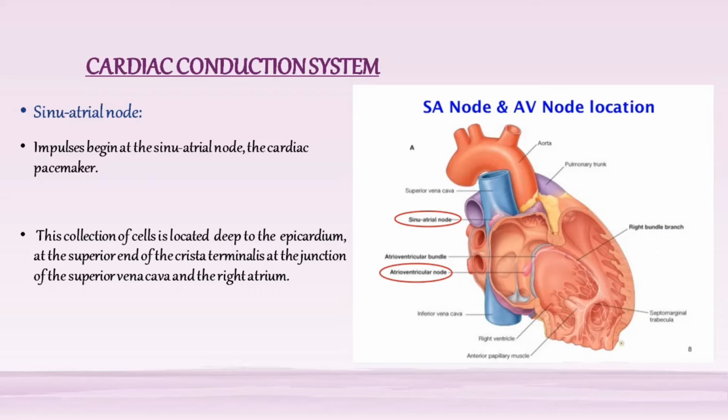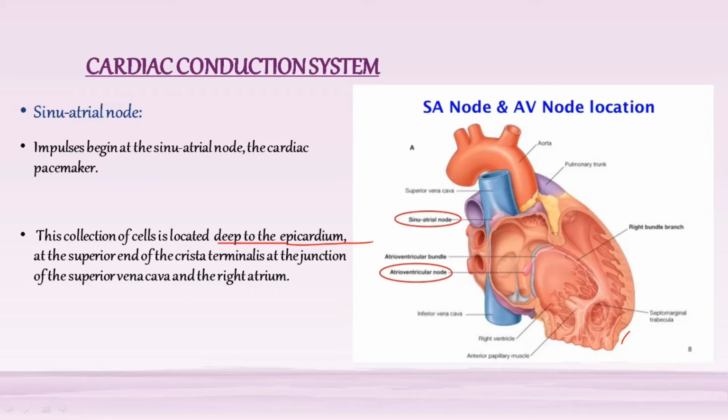This is SA node, which is called as cardiac pacemaker. Now the impulses begin at the SA node. Now this is basically the collection of cells which is located deep to the epicardium. Now there are three layers of heart: epicardium, middle one is myocardium, and the inner one is endocardium.